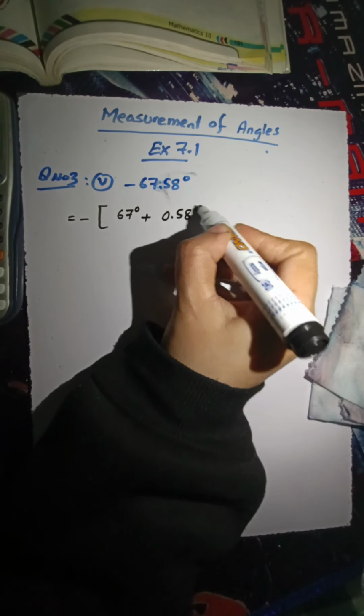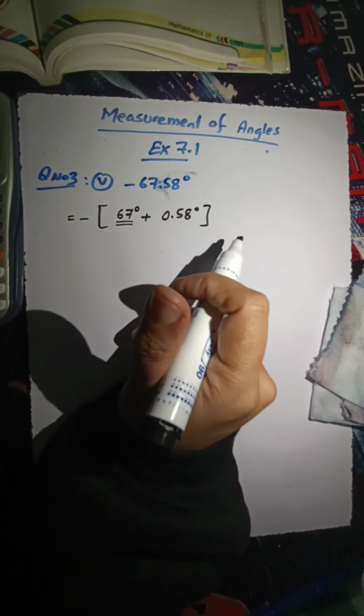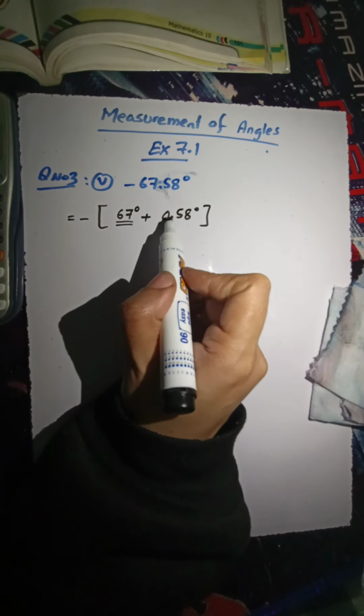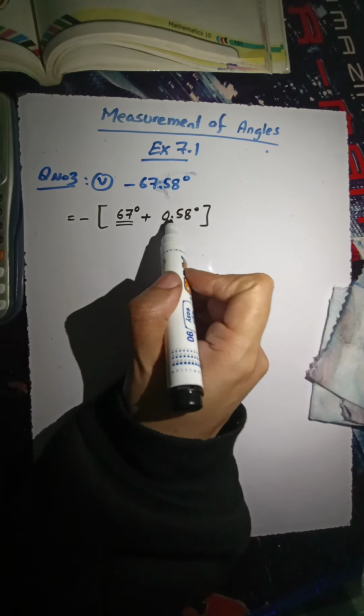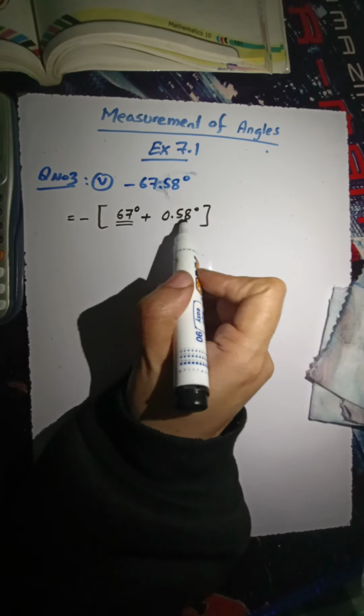This means we have full 67 degrees and 0.58 part of the next degree. It's not a full degree, it is 0.5, almost half of the next degree. These are the full degrees, the whole degrees will be kept, and we will convert this fractional part into minutes and seconds.